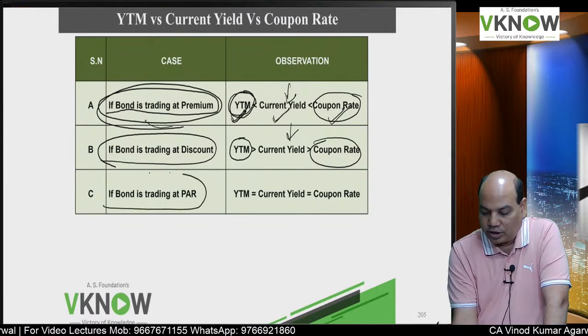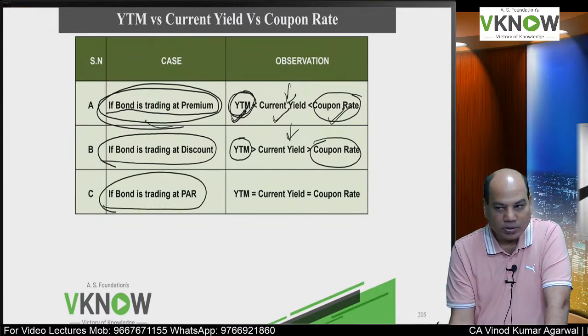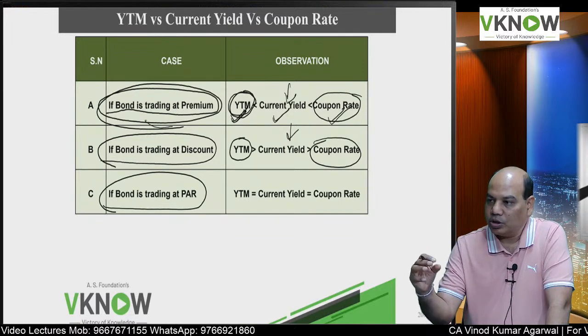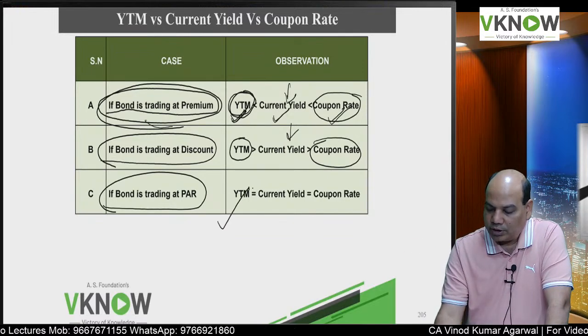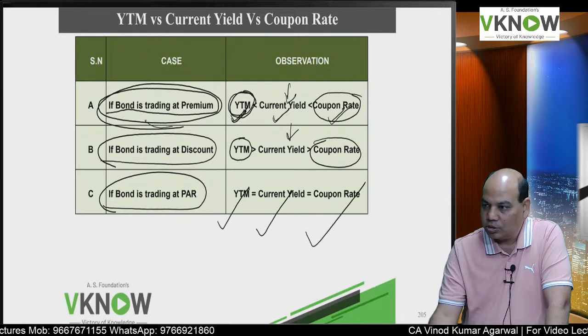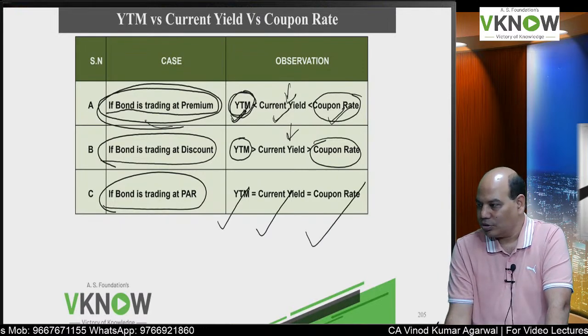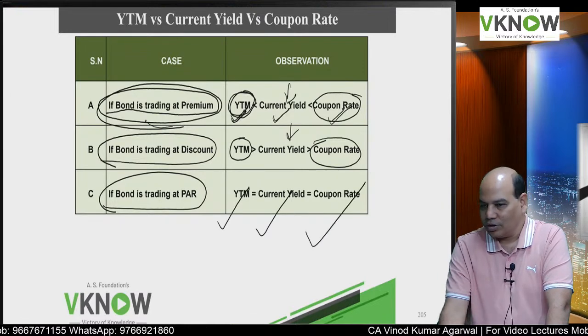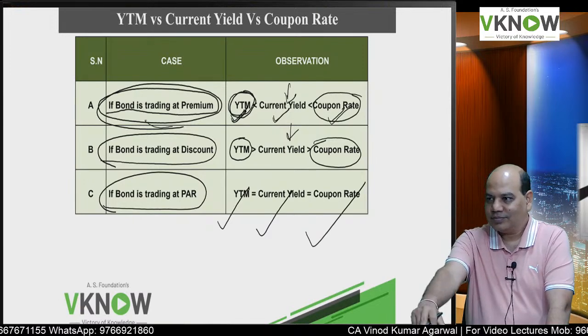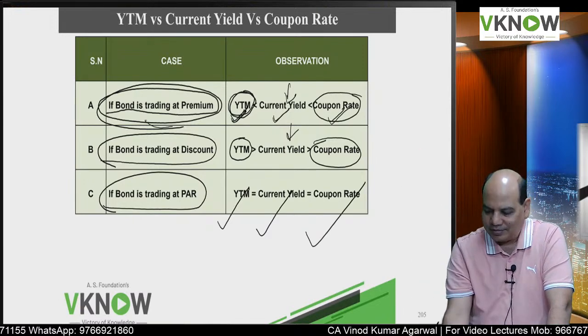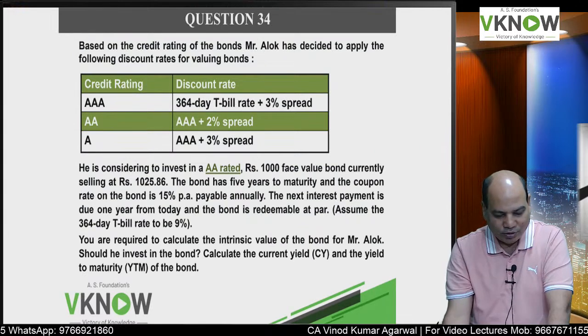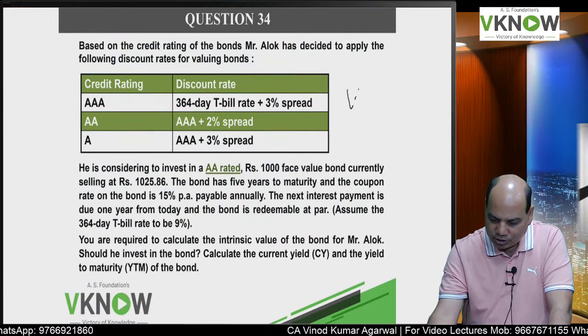And if the bond is trading at par, remember this property, YTM, current yield and coupon rate are all equal.